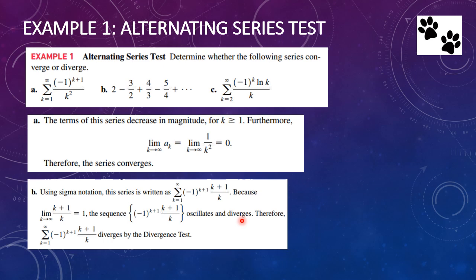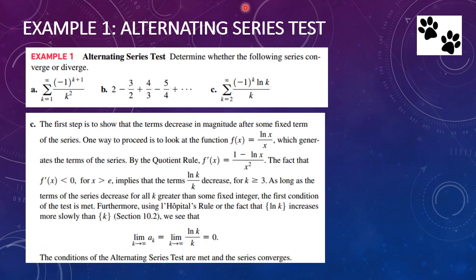Finally, let's look at the last one, and this is an interesting case. Part C, again, the first step is to show that the terms decrease in magnitude after some fixed term. And again, here we're looking at the function the natural log of k over k. So the approach here is quite interesting. One way to proceed is to look at the function f of x equals the natural log of x over x, which generates all the terms in the series, right?